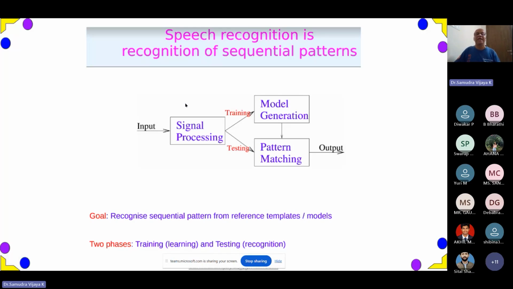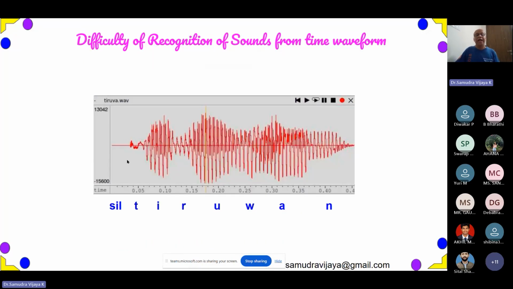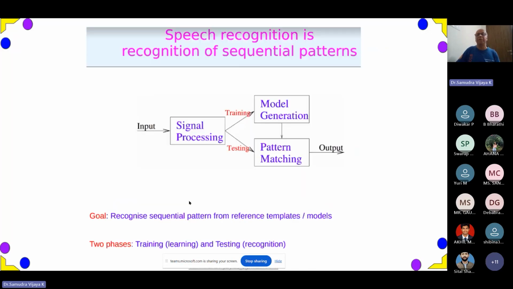Similarly, in supervised pattern recognition, waveforms such as these are given, and the system is also told that the waveform from here to here is ta, from here to here is E, and so on. With that information, the system collects various segments of one vowel, let's say E, and builds a model for vowel E. Similarly, it builds models for vowel A and various sounds, consonants, and so on.